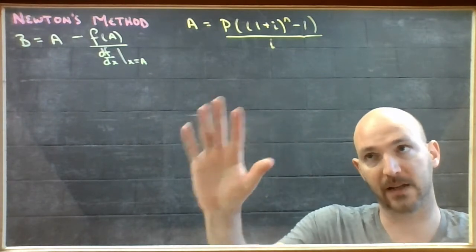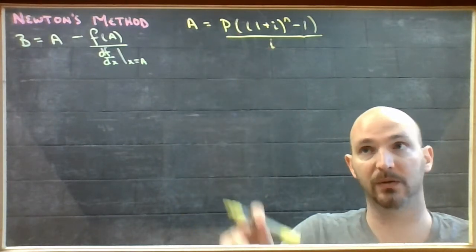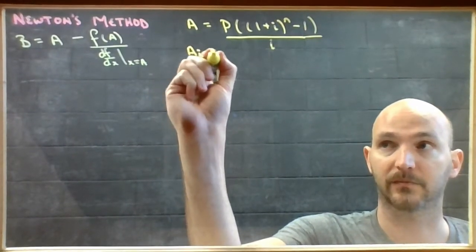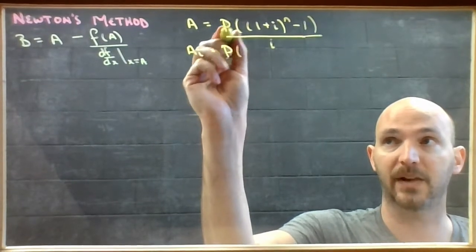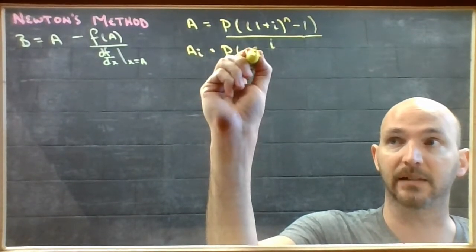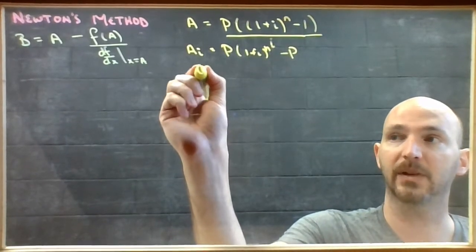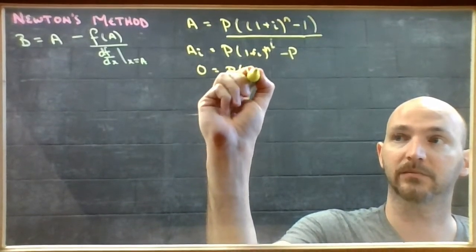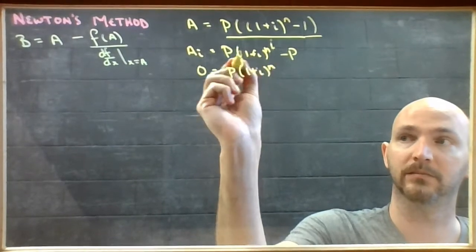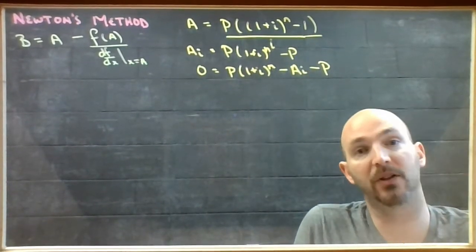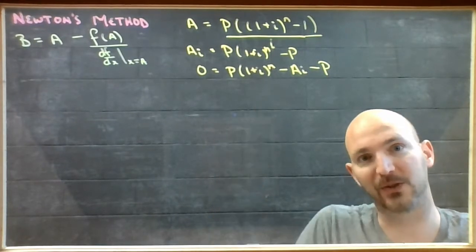And if I can take a minute to rearrange this to show you, if I pop this i up here, I get this. And if I throw the p into the bracket, p times this, that, I would get something like this. Well, that's a polynomial, and it's a polynomial to the nth power.